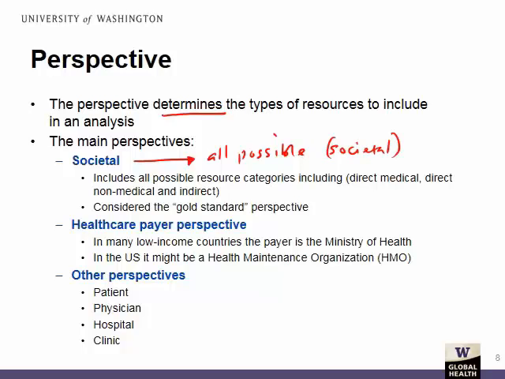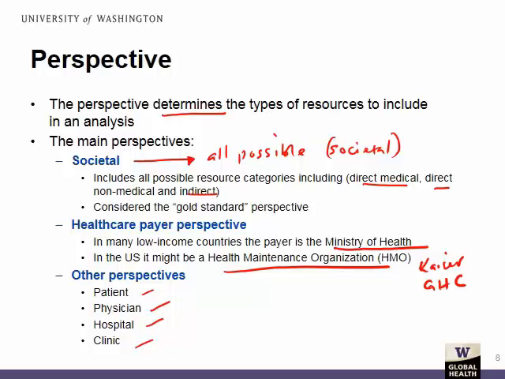And you include direct medical, non-medical, and indirect. The other common one is the healthcare payer perspective, Ministry of Health. In the US, it might be an HMO, maybe Kaiser or Group Health Cooperative. And there are other perspectives like the patient, the physician, the hospital, the clinic, depending on who you're doing the analysis for or what your interest is.